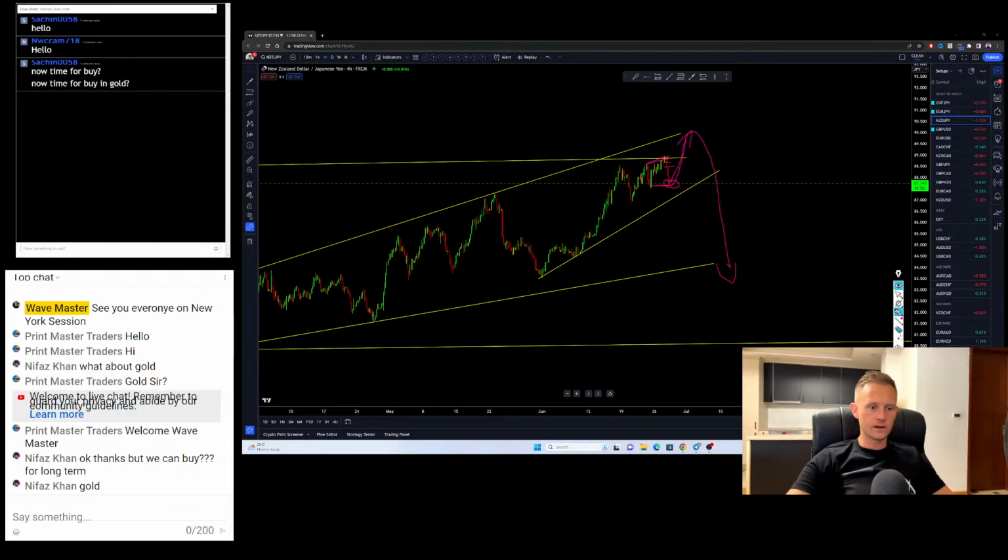A running flat pattern can appear over there, and this could bring you some problems. So try to be in the trade earlier, not when it's almost over. Even your risk to reward ratio will be better if you get into the trade much earlier.